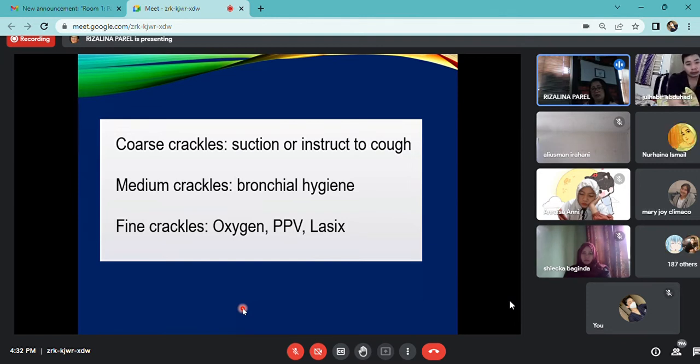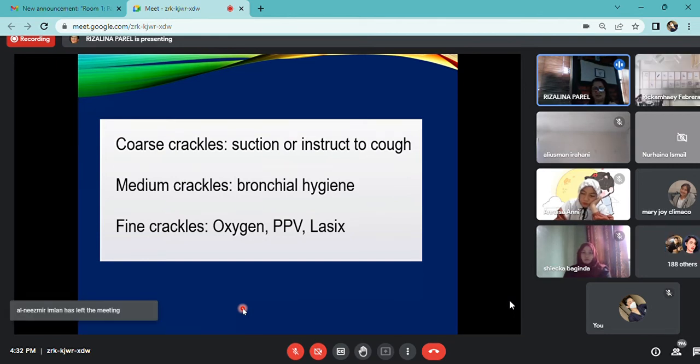From the bronchus ng mga mucus production, kailangan ilabas yon. So, postural drainage, chest percussion, chest vibration. We can also give yung ating breathing exercises and mobilization, chest mobility exercises. And kapag fine crackles naman siya, then we may give oxygen, positive pressure ventilatory support, or kung kailangan, yung nurse ay magbibigay sila ng Lasix.